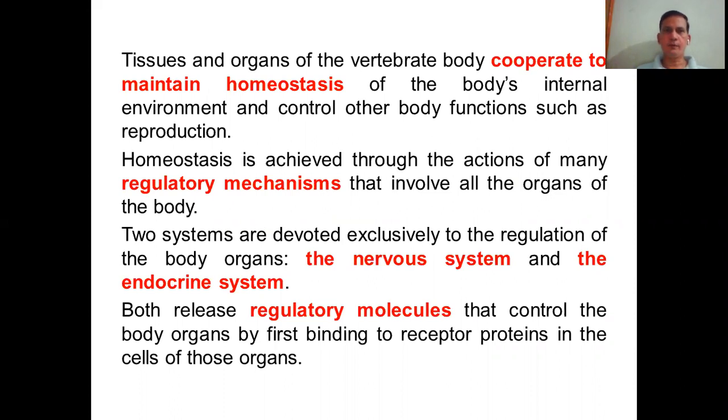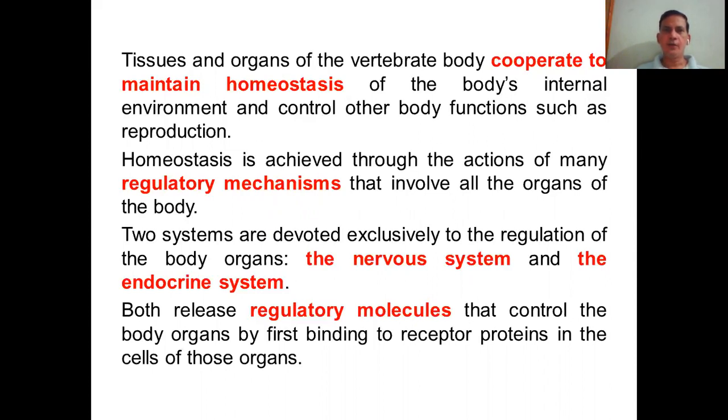If you remember from the previous lecture, let's say for example in the respiratory system, when the body cells are doing their metabolic activity, the level of carbon dioxide increases, which is a deviation from the homeostatic condition.